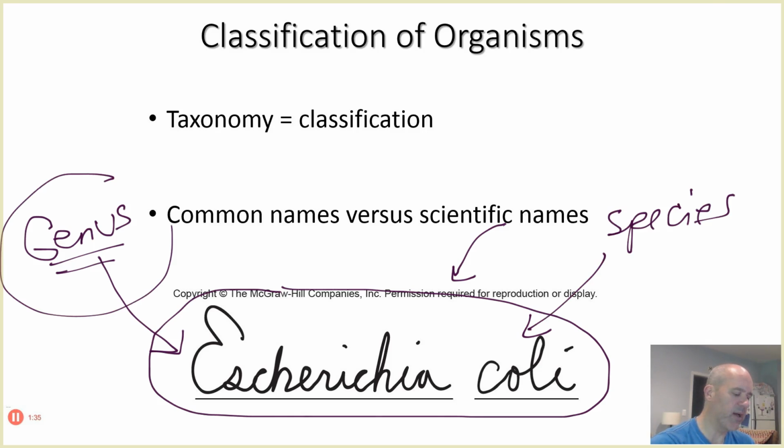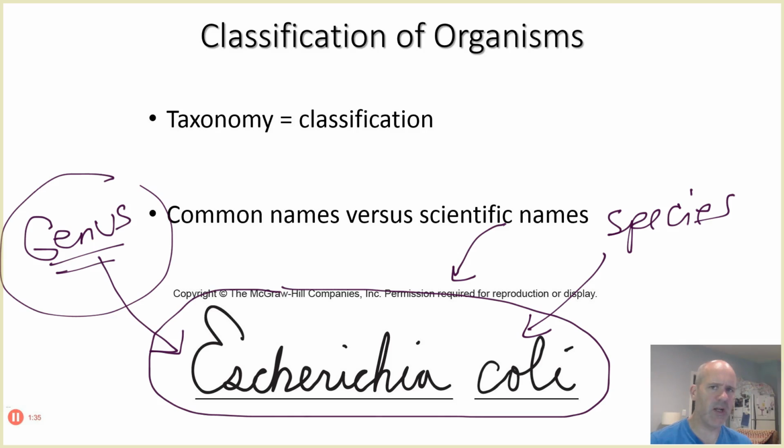All right, so a genus is a group of closely related living things, very closely related. The species is the individual particular type of microorganism. So Escherichia coli is a particular species within the genus Escherichia. So there are other species within that genus.